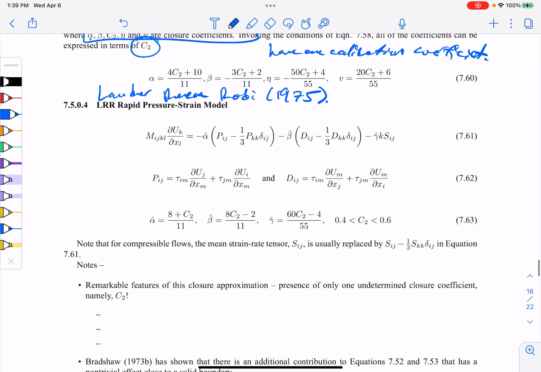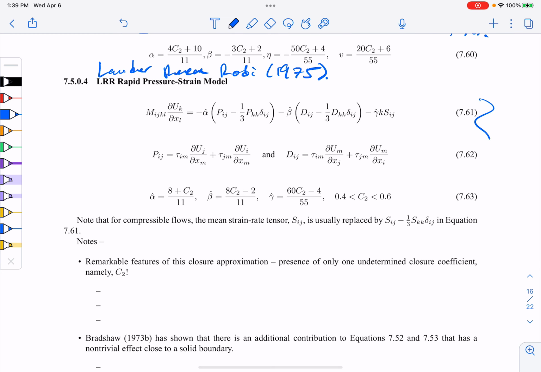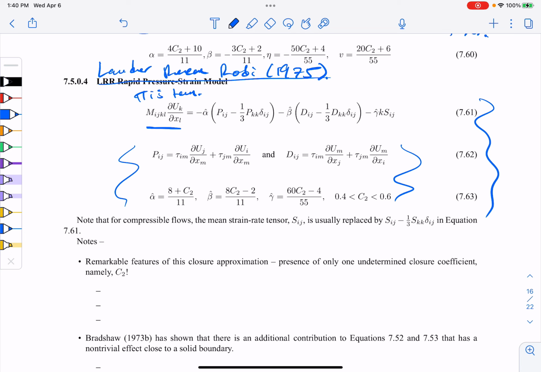And here's the summary of their model in 7.61 to 7.63. They have their rapid pressure term of pi_ij, and we've put in these coefficients, which can be repeated from their paper. So you need to look at this paper for the full justification and the derivation.